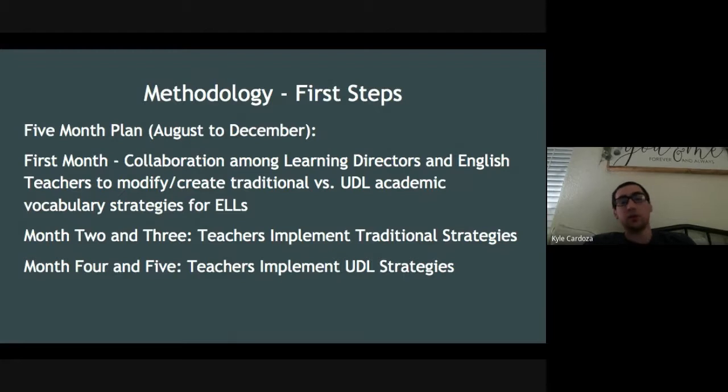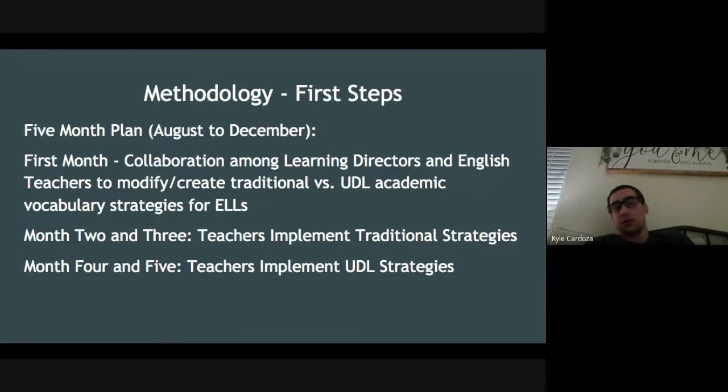So I ultimately want to create a playbook of traditional academic vocabulary strategies and lessons, and then strategies and lessons based on the UDL framework. I know that seems like a lot to do in 1 month, but I think with the resources and the time and the effort, it can be done.